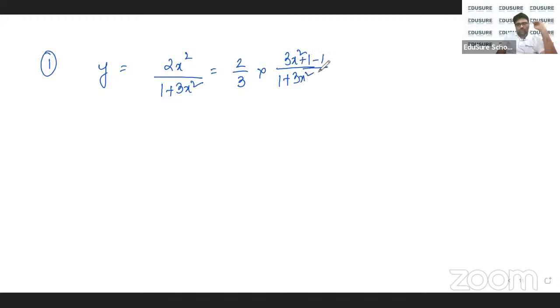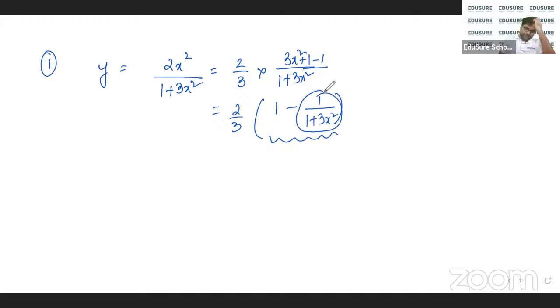Plus 1 minus 1. Okay. Now, 1 minus 1 by 1 plus 3x square. This will always be a fraction. Maximum value will be 1 when x is equal to 0. Okay, if x is equal to 0, this is equal to 0.